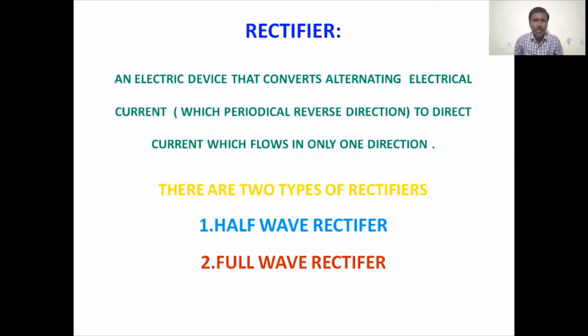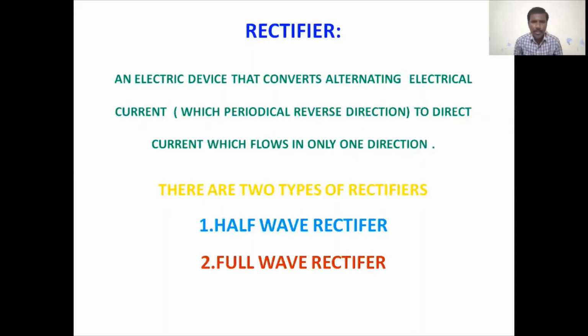Currents are of two types. We always call them AC current and DC current. What is AC current? AC means alternating current. The frequency of this current alternately changes, in the form of cycles, positive cycle and negative cycle.